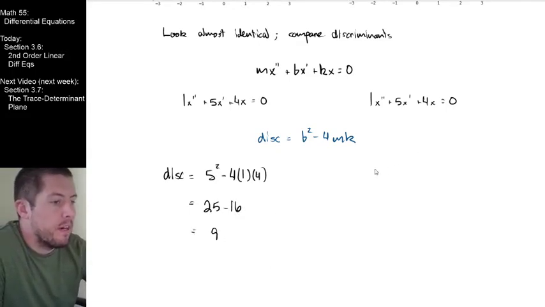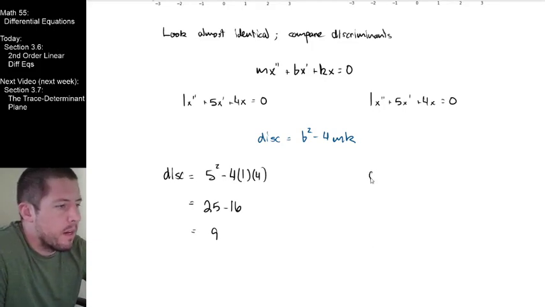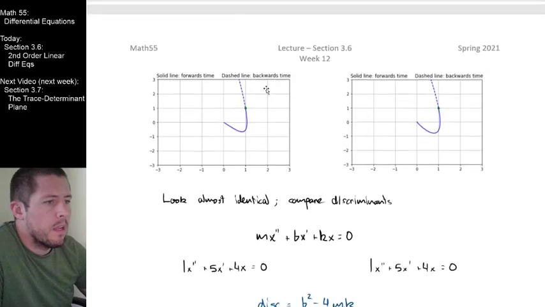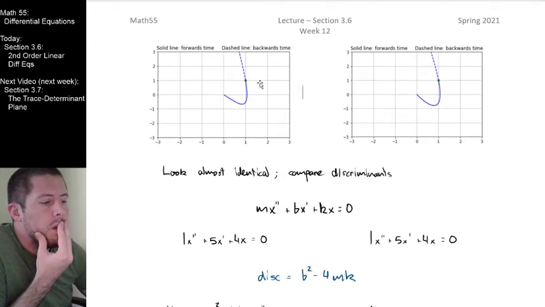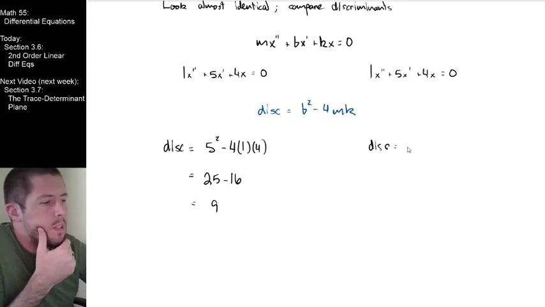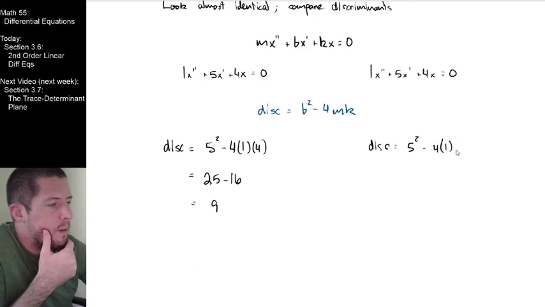On the other hand, over here, our discriminant is equal to b squared... wait a minute, don't I want my... Because am I not getting a discriminant of non-zero for both of these? 4mk?